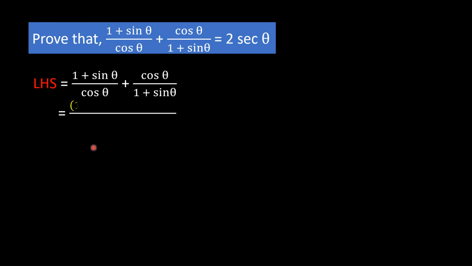So we write (1 plus sin theta) multiplied by (1 plus sin theta), that is (1 plus sin theta) whole squared, cos theta multiplied by cos theta as cos square theta, and cos theta multiplied by (1 plus sin theta) will be cos theta multiplied by (1 plus sin theta).